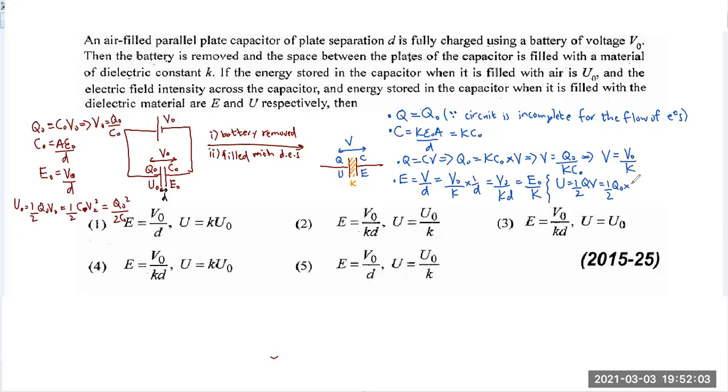New voltage is V naught divided by K. So that is going to be 1 over K into half Q naught V naught. So that is going to be U naught divided by K, because half Q naught V naught is U naught initial.